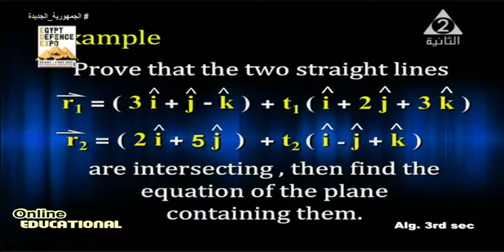What do we mean by d1 dot d2 equals 0? The scalar product of the two directions d1 and d2 must equal 0, then the angle between them equals 90 degrees, or the two straight lines are perpendicular. After that, if the straight lines are not parallel and not perpendicular, then the other position of straight lines is skew. Two straight lines are skew when they lie in two different planes.